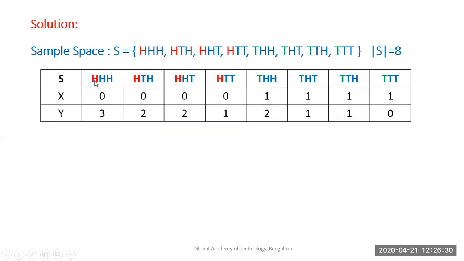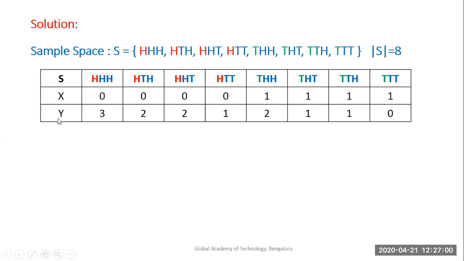For the sample points H, H, H and so on, X is the random variable which takes 2 values, 0 or 1. It takes 0 if the first toss is head, and it takes 1 if the first toss is tail. So in the first 4 possibilities, where the first toss is head, X takes the value 0. And in the next 4 possibilities, the first toss is tail, so X takes the value 1.